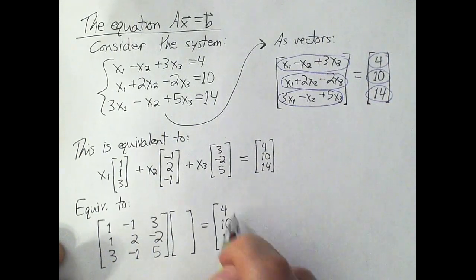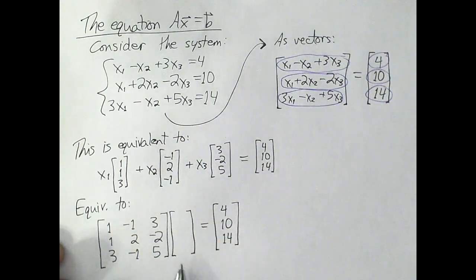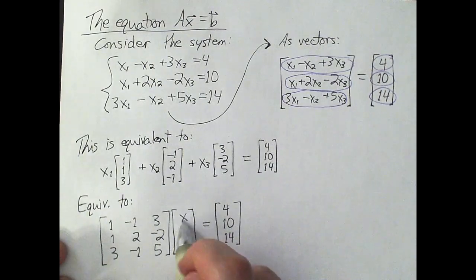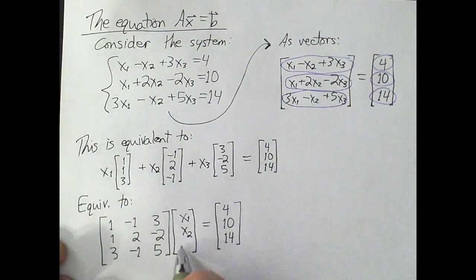What do you think needs to go in this missing vector in the middle in order to make this line equivalent to what I have above? It's going to have to be x1, x2, x3.